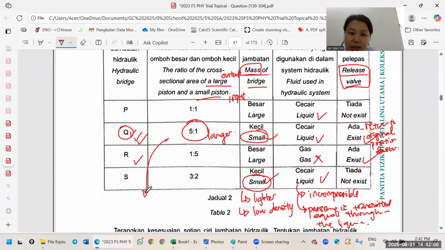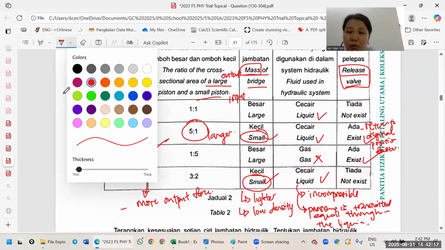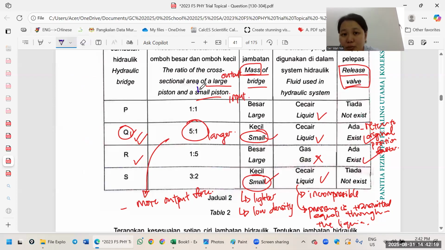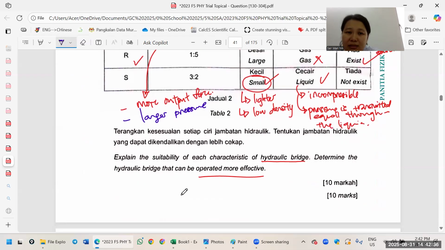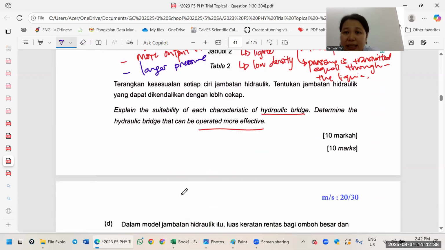So that it can create more output force. For hydraulic systems, we always use input smaller, output larger. So a small piston means larger pressure exists. I feel Pascal is really easy.